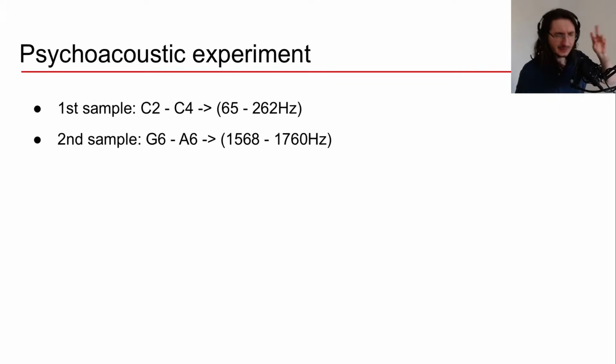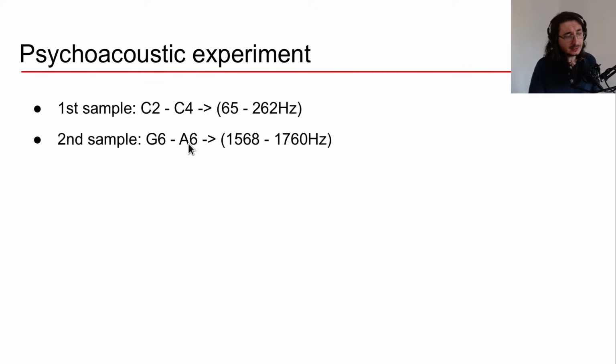So we have a couple of audio samples. Each of these has a pair of notes. In the first one, we have C2 that moves to C4, C4 being the middle C note, so the C note at the center of a piano keyboard. In the second sample, we have G6 that goes up to A6.